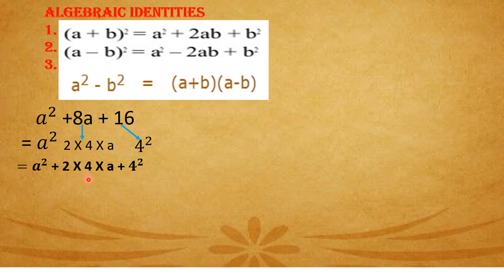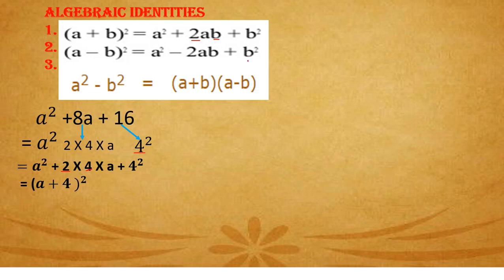Now, the algebraic identity we are using here is (a plus b) square is a square plus 2ab plus b square. Let us understand it. What we have written here, this is the a square, 2, this is in the identity. Now 4 is the b, as we have written 16 as 4 square.